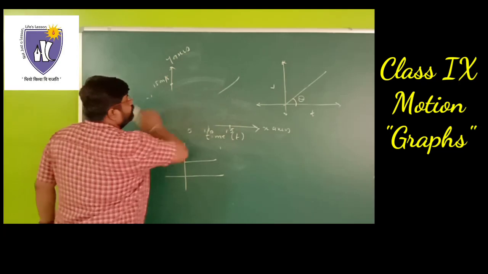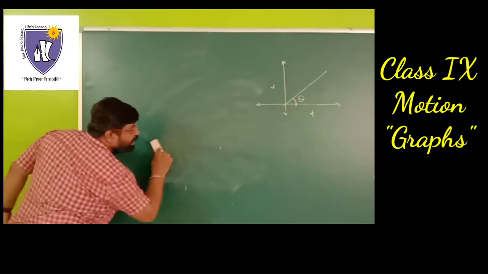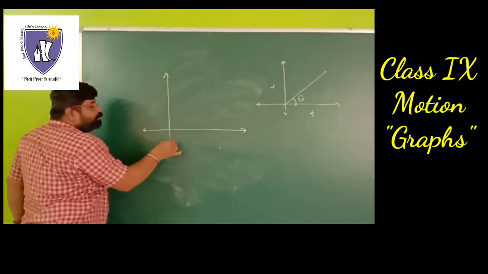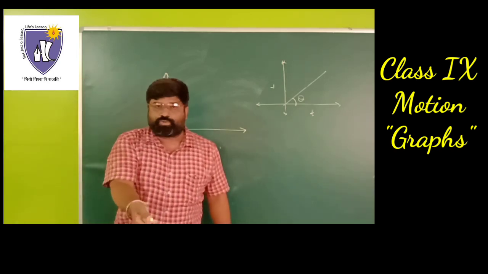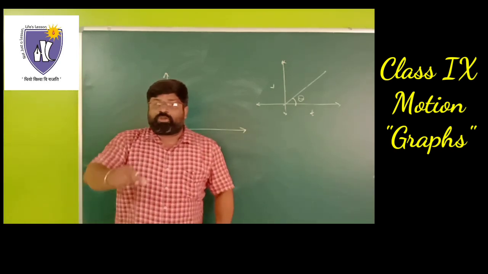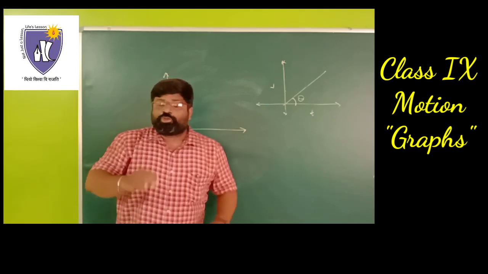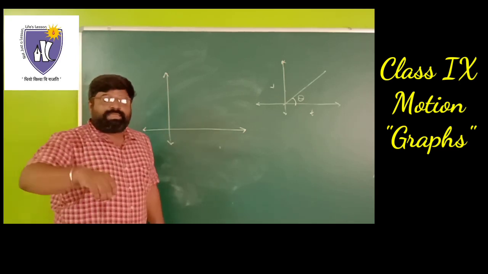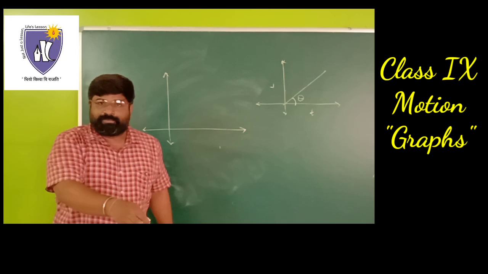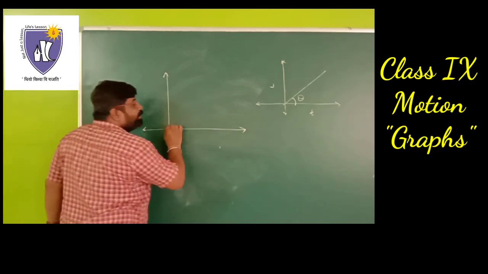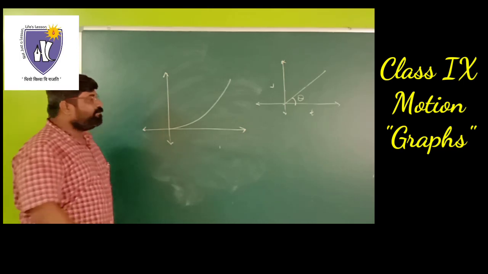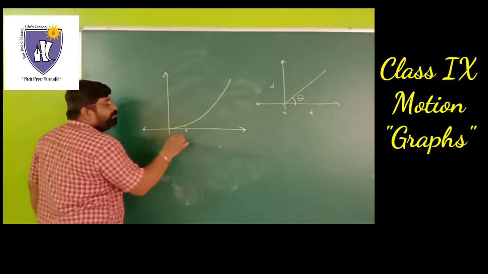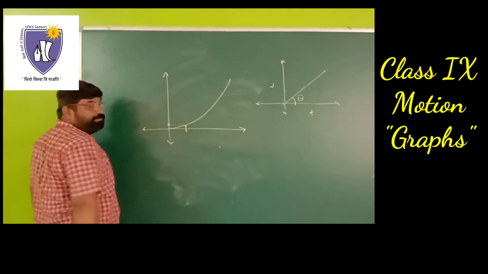Now next in this type of graph, see, if the object is not uniformly accelerated, which usually happens, because when we drive we have different speeds at different times, we are not uniformly accelerated. So suppose you come to school by bus, then the bus is not uniformly accelerated. So how are we going to represent it? The representation of that graph will be a curve. Why? Because in this one, at this time, the speed is this one.